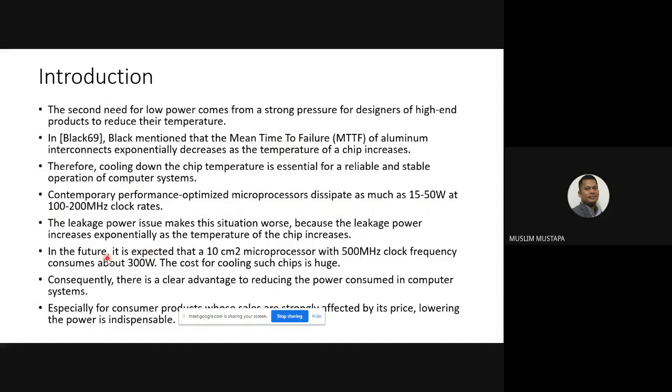In the future it is expected that a 10 square centimeter microprocessor with about 500 megahertz clock frequency consumes about 300 watts. So the cost for cooling such a chip is huge. If we don't do something, this is what happens: as the microprocessor gets more compact and can use a higher clock frequency, the power consumption will be too much, and the cooling cost will also increase, which is not intended.